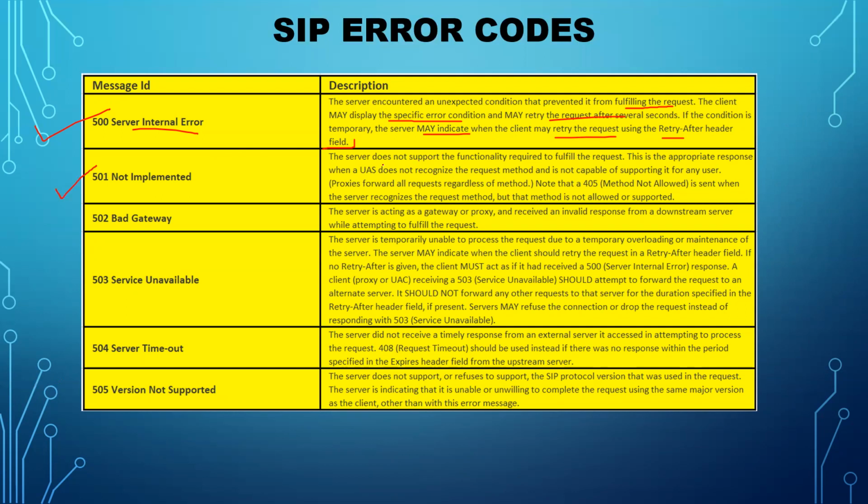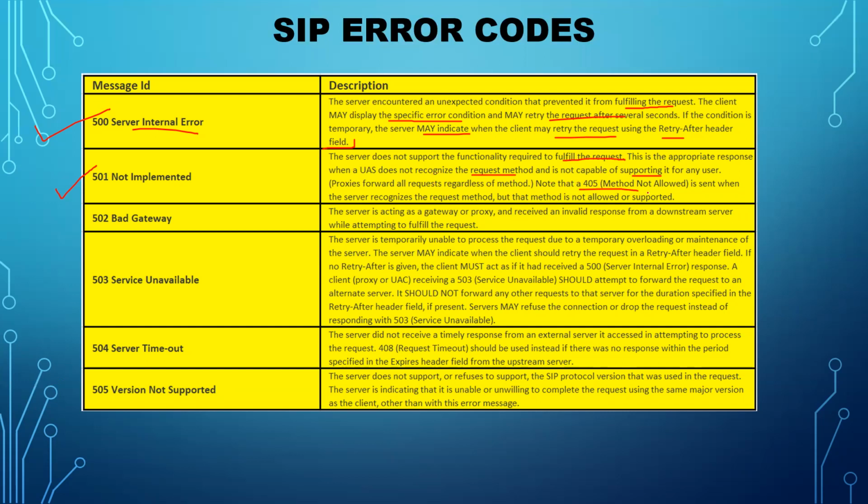Here the server does not support the functionality required to fulfill the request, right? This is the appropriate response when the server does not recognize the request method and is not capable of supporting it for any of the users. Then it will show you 501 Not Implemented.